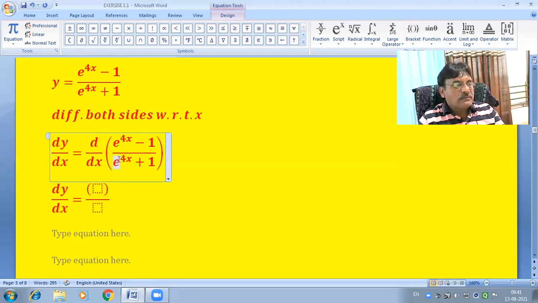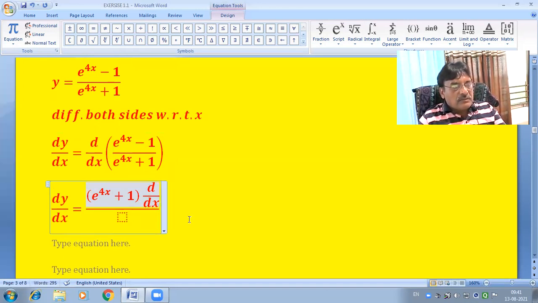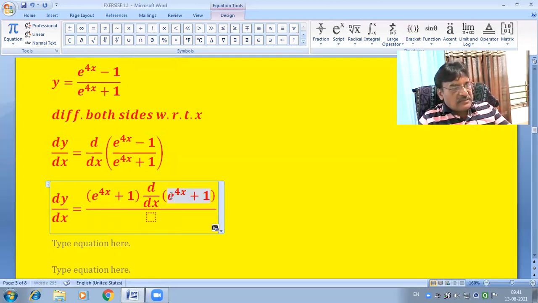This is the denominator, that is v, into the derivative of u, meaning derivative of numerator: d/dx of e to the power 4x minus 1.